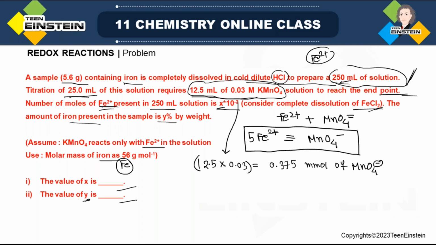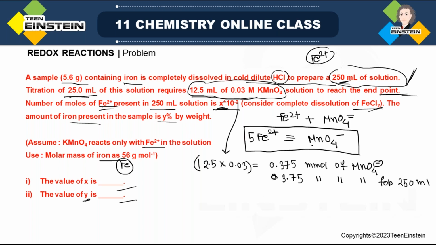Now it will be 10 times higher, because ultimately you have to find the X value for 250 ml. So this is for 25 ml, and if it is 250 ml, it should be 10 times extra. So now it will be 3.75 millimoles of MnO4- for the 250 ml sample. It is just 10 times extra.